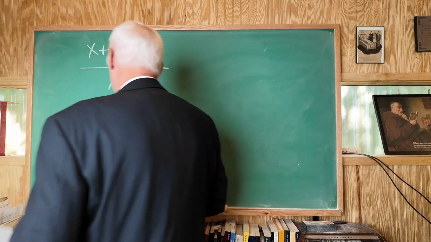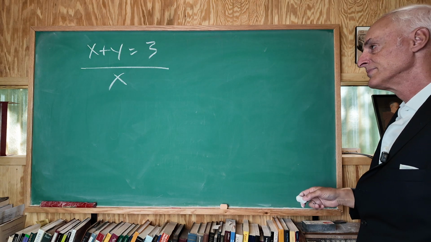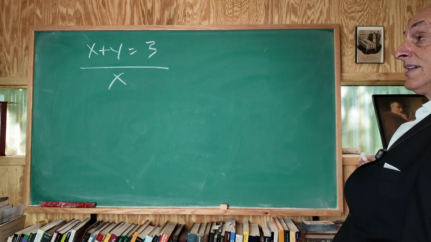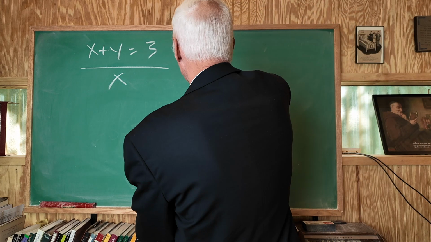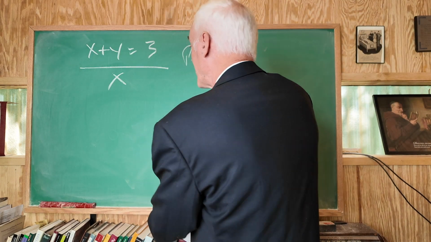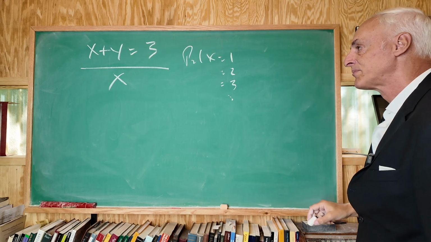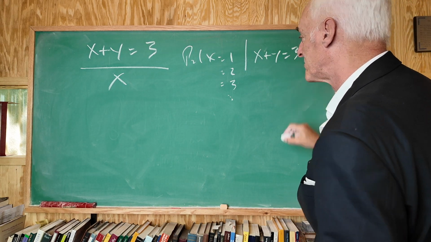And I want to solve for x. What's the probability x equals something? I want to have a probability x equals 1 or 2 or 3 or any other number I might want to put in here, given that x plus y equals 3.